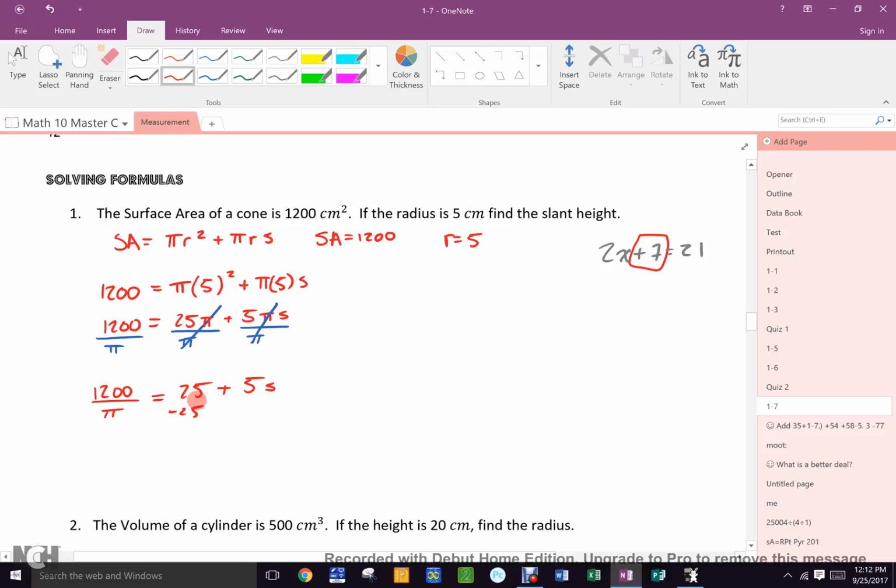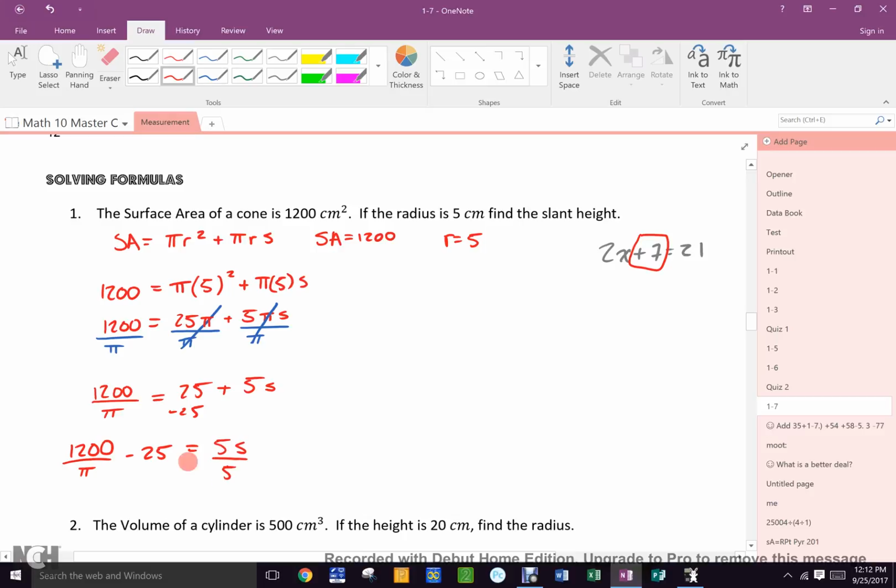Is everyone okay with that? Because we want it to disappear. We want s to be by itself, yes? So what do I have to do to this side? 1,200 divided by pi, and then I subtracted 25, didn't I? Equaled what? 5s. Now, how can I get rid of that?